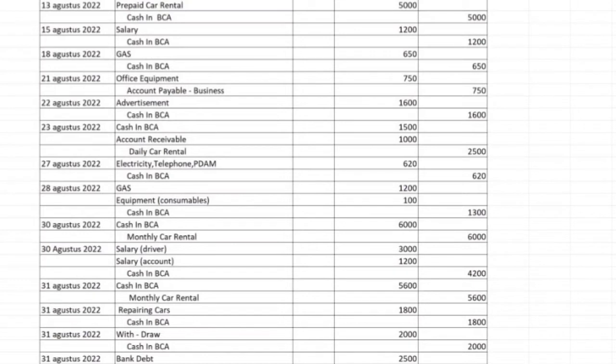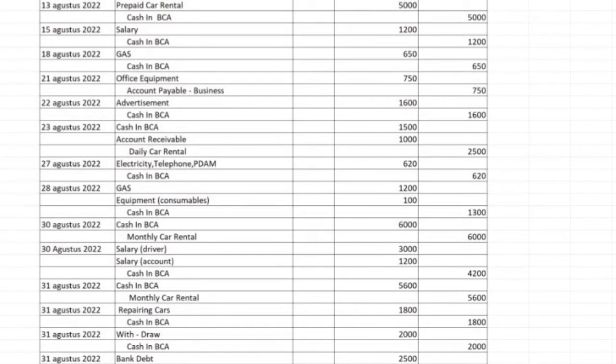Number 15, paying for gasoline, gas increases on the debit side of 650 and cash decreases on the credit side by 650. That means gas is in debit side for 650 and the cash in BCA is in credit side for 650.